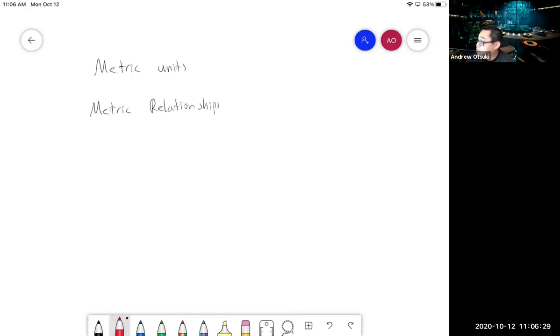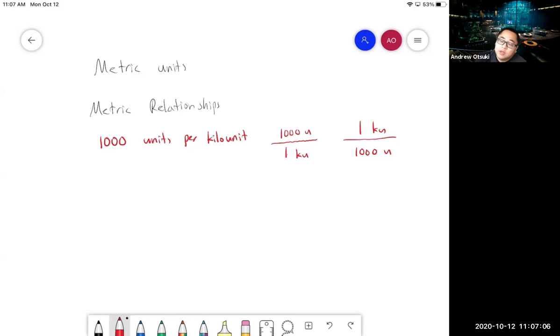For example, say I have 1,000 units per kilo unit, or 1 kilo unit per 1,000 units. So if I start out with my base unit, I want to use the second fraction on the right to convert to kilo units.